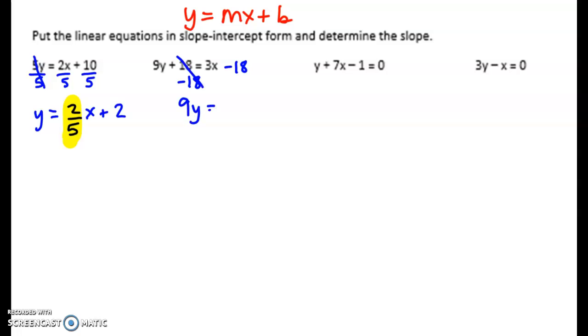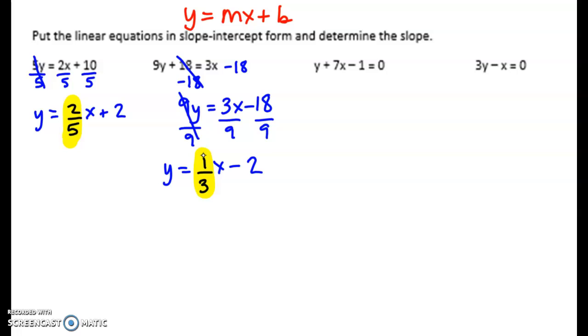So we have 9y is equal to 3x minus 18. And then we need to divide each term by 9. And y is going to equal 3 over 9 reduces to 1/3 x minus 18 divided by 9 is 2. And there, if we grab my highlighter, we can see the slope of that equation.